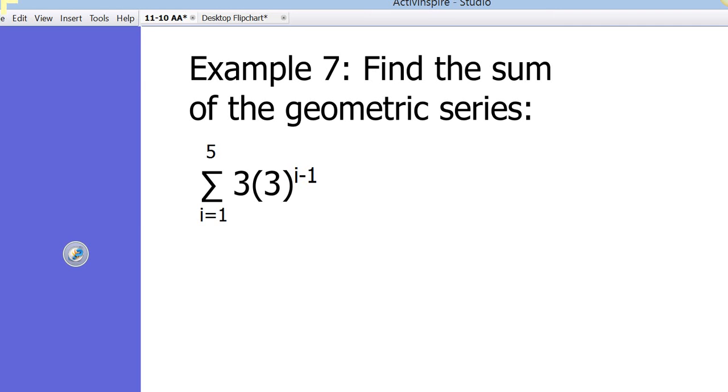Negative 242. Is that what you got? Yeah. Now divide that by, what does this become? Negative 2. So divide negative 242 by negative 2. 121. So now we got 3 times 121. What do we get? 363. See how it gives you the answer?